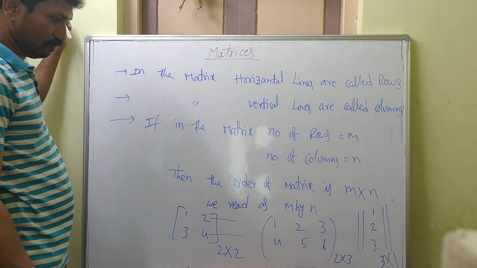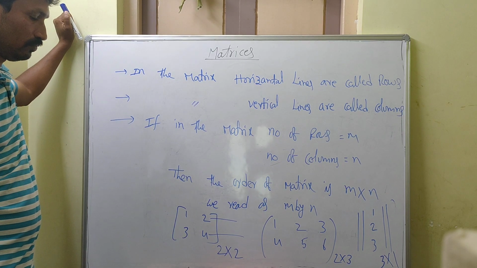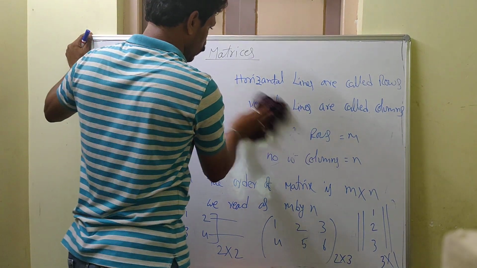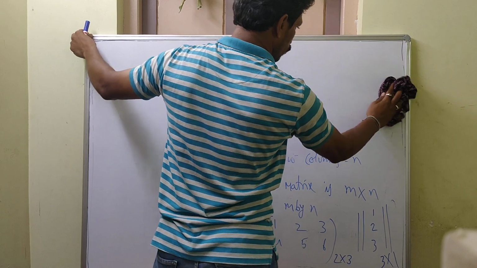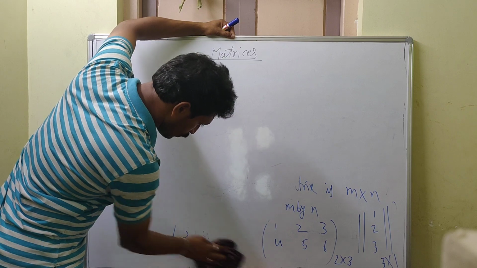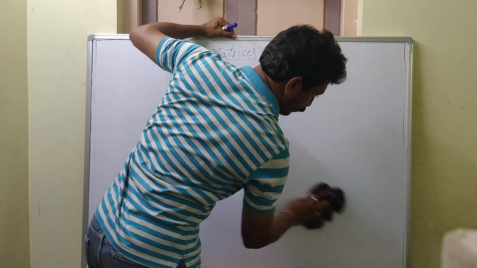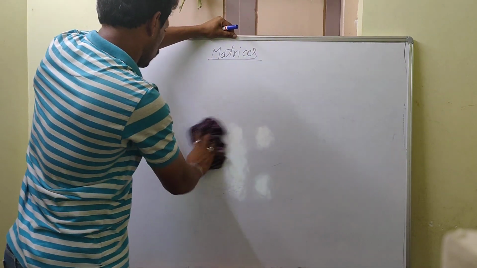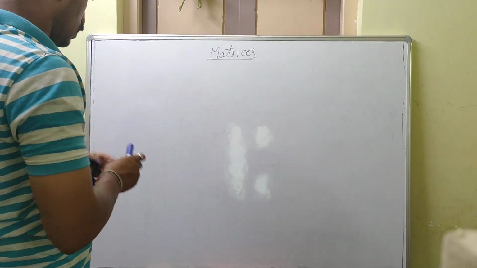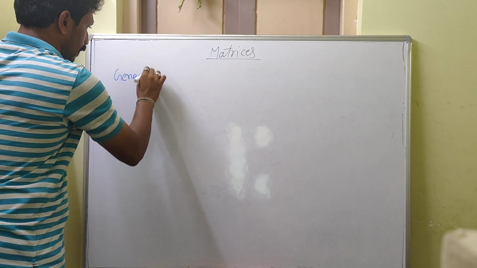Next concept. General form of the matrix.